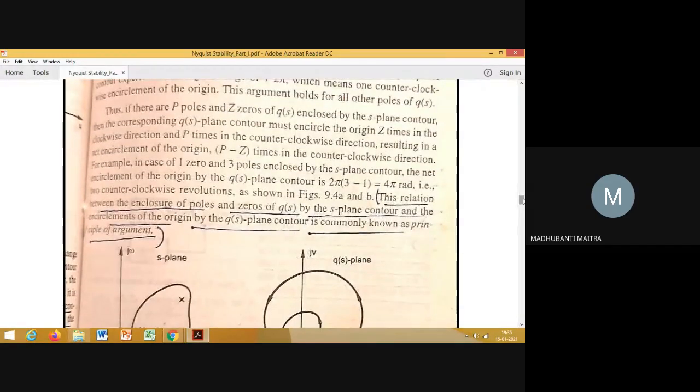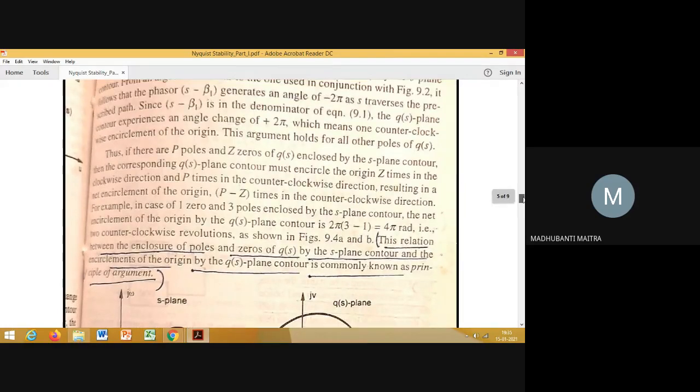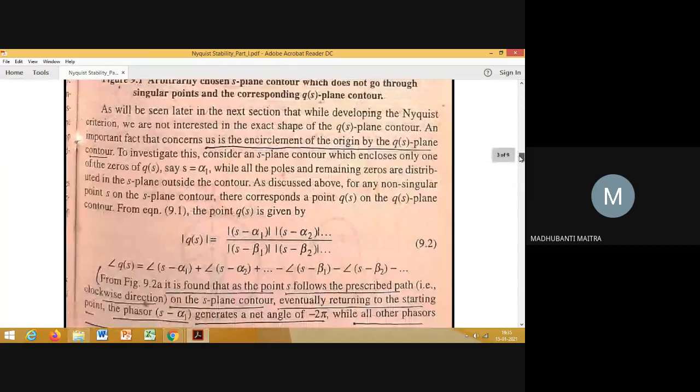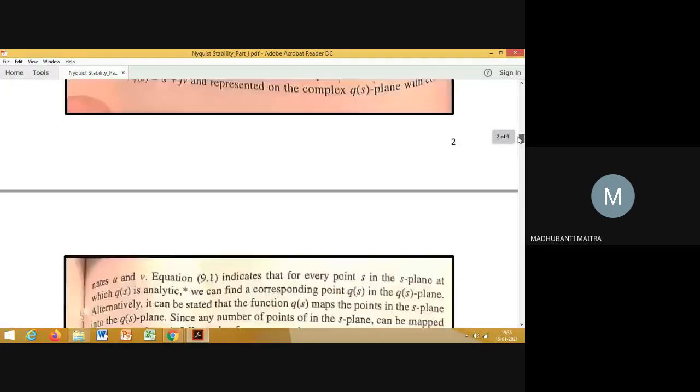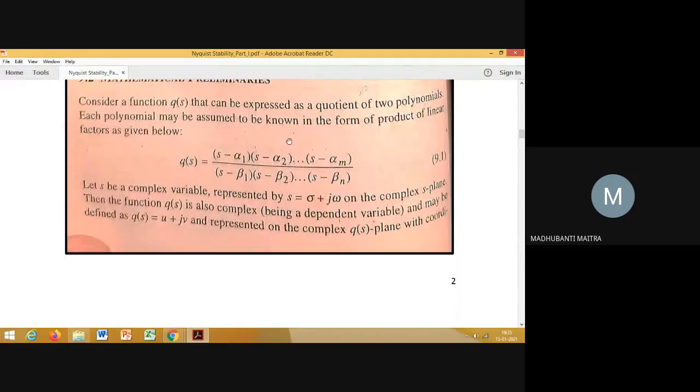So is this clear so far? Yes, ma'am. So now let's assume that P number of poles of QS and Z number of zeros of QS are being enclosed by the S-plane contour. Again, I'm repeating, P number of poles of QS and Z number of zeros of QS are being enclosed by the S-plane contour.